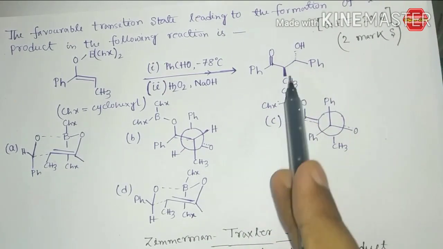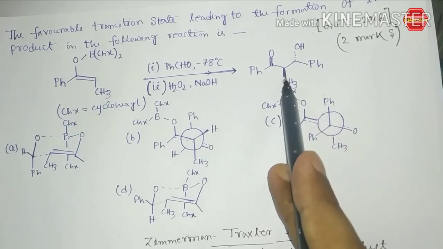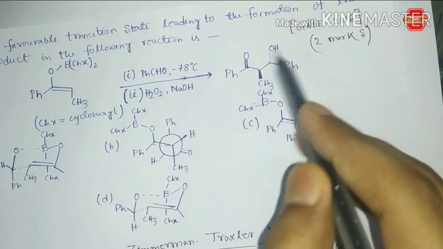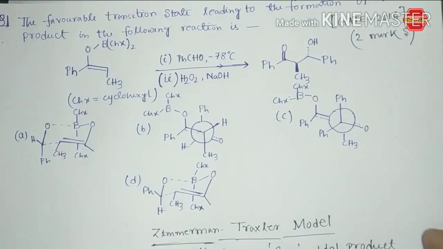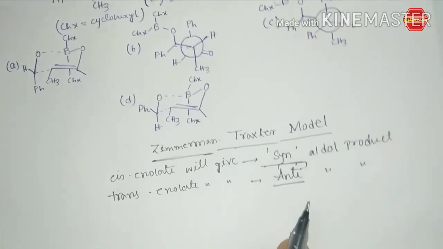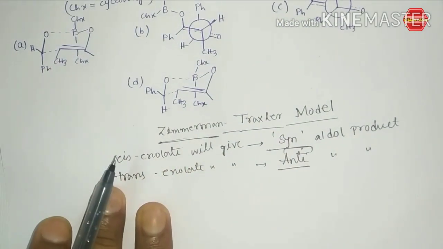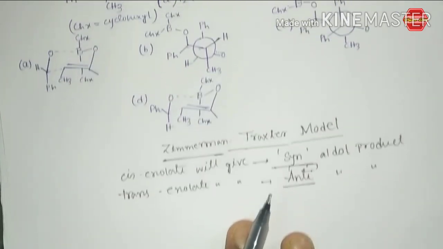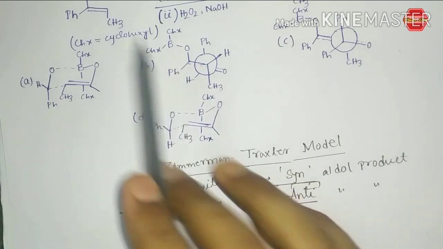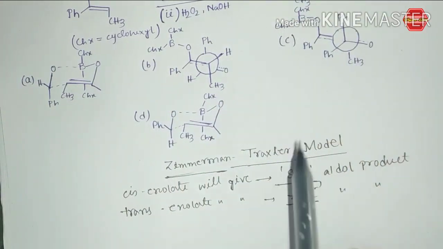These two are anti because this is above the bond and this is below the bond, so you can easily find it, and you also get the same thing from this model. Now why is this important? This is important because this type of reaction follows a particular type of transition state.